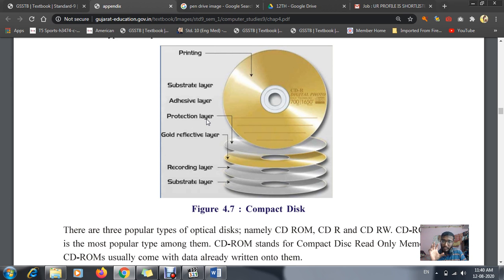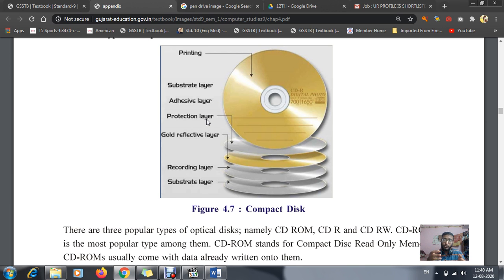If any scratch comes on the CD, the whole data will be lost and the CD will become useless. So to avoid this, the companies give many layers for protecting from normal or basic scratches.